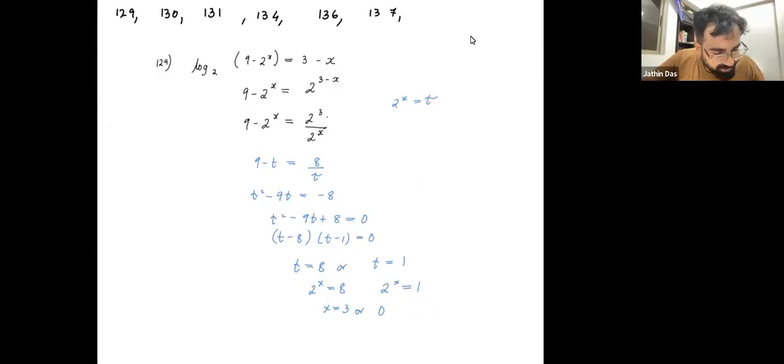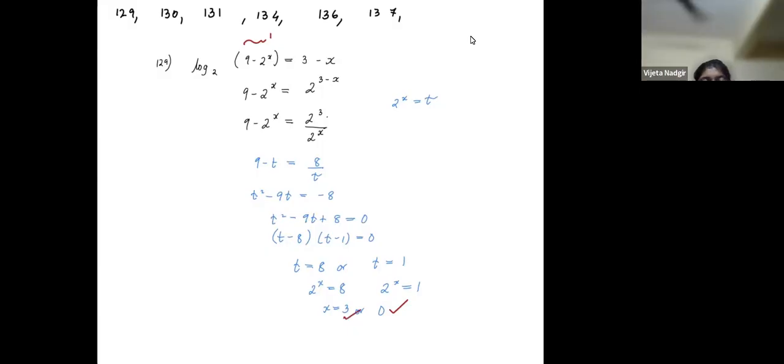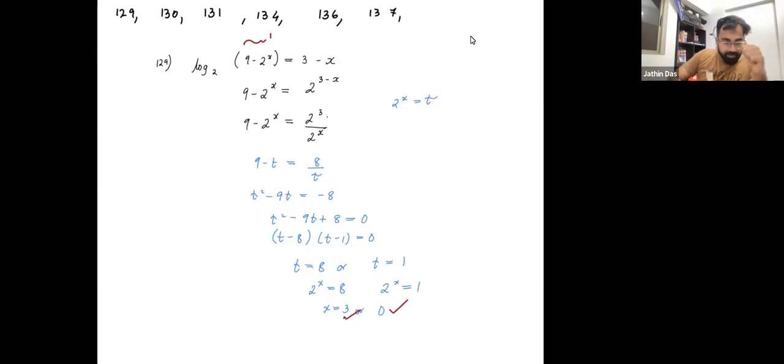But here I don't find the logic why they have missed 3. 0, okay, that is there. I agree. I think 3 is also fine. Okay. Yeah, it might be a mistake sometimes.